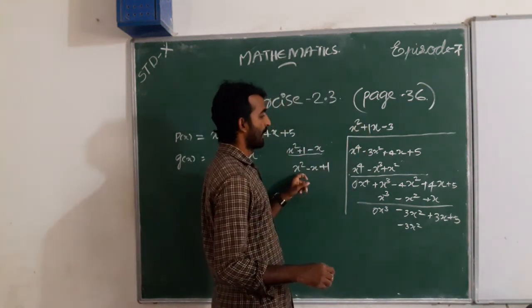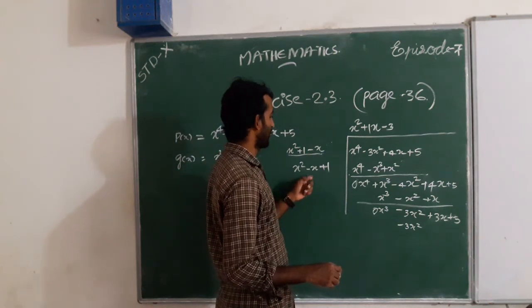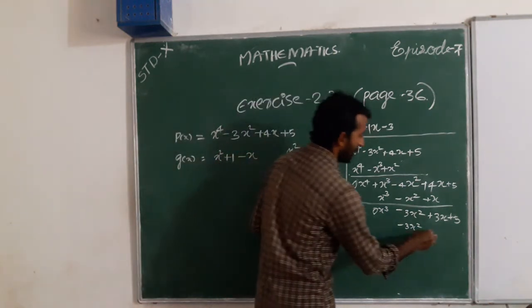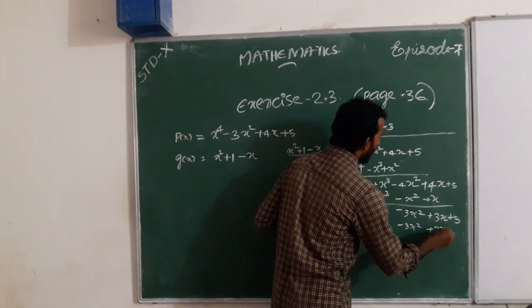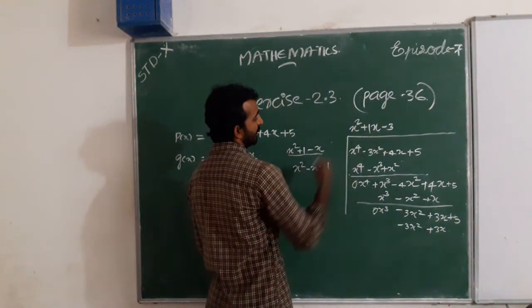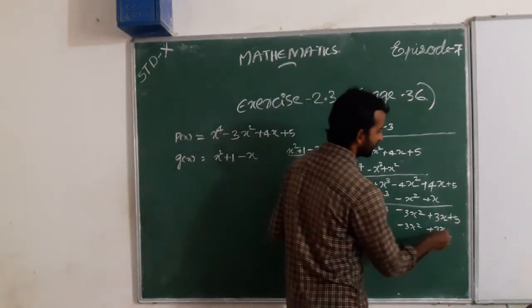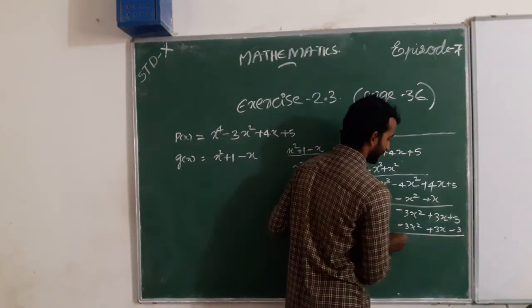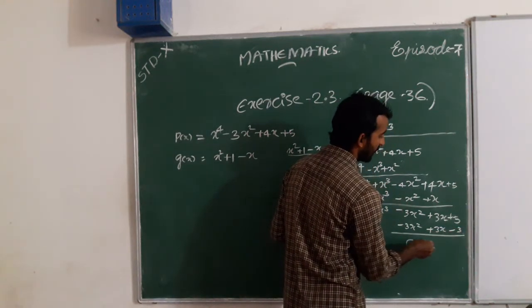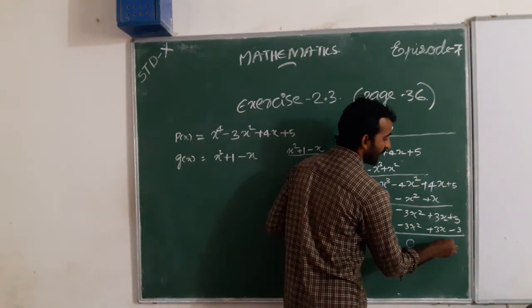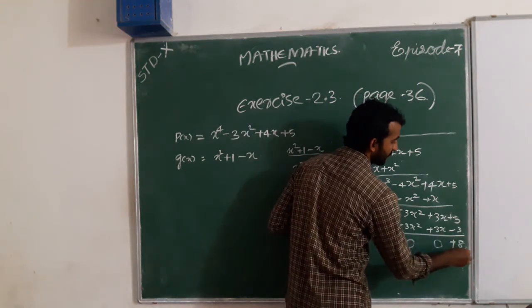Minus 3 into minus x gives plus 3x. 1 into minus 3, we get minus 3. That is we get the answer 0, also here 0, and plus 8.